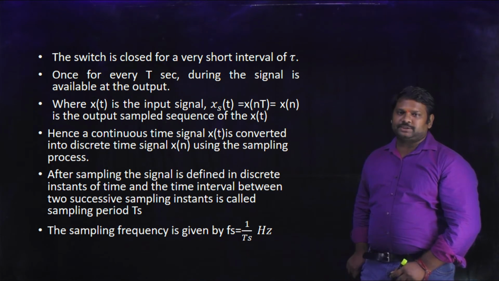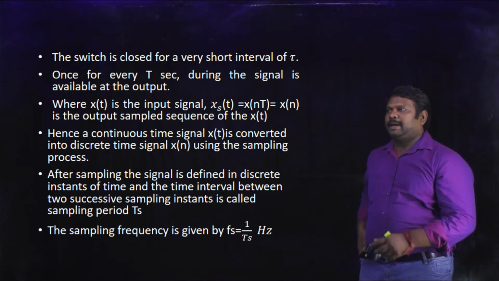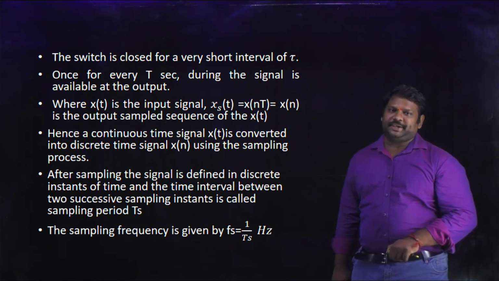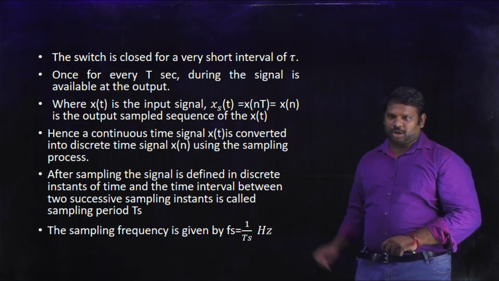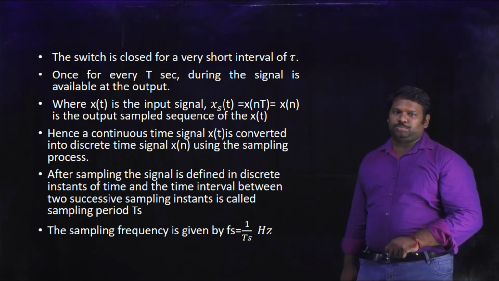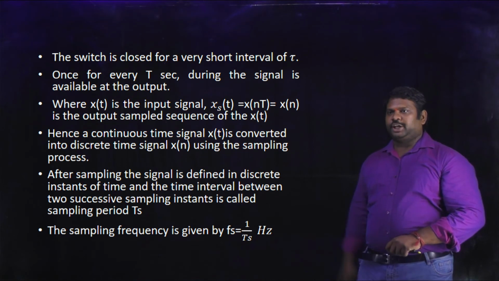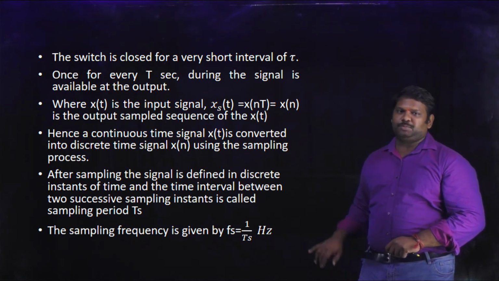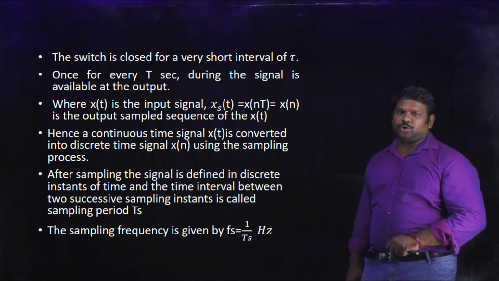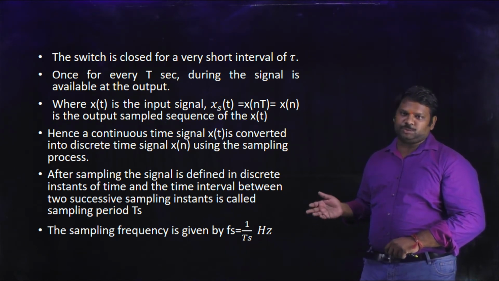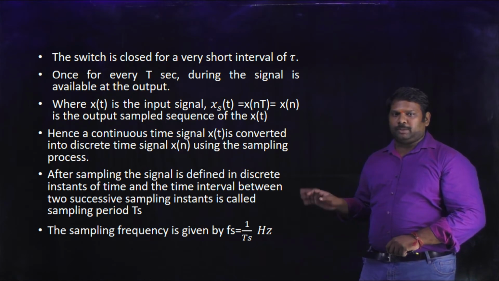Ideally as tau is 0, the sample will be picked up for every T seconds, during which the output will be present. When we take the continuous time signal x of t as an input and xs of t as an output, the xs of t and x of nT and x of n is nothing but our output sample signal.